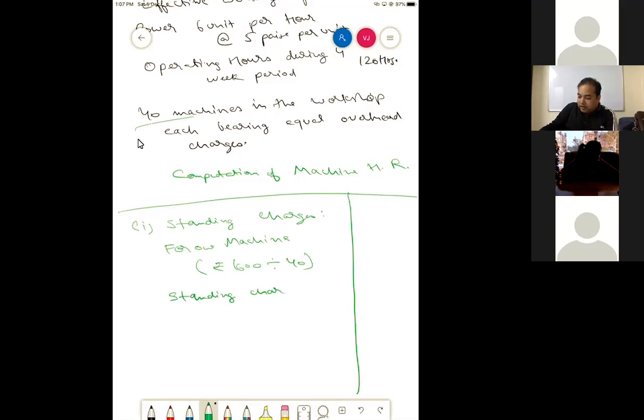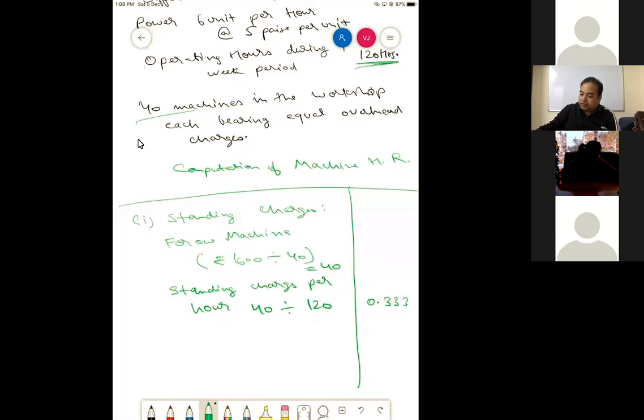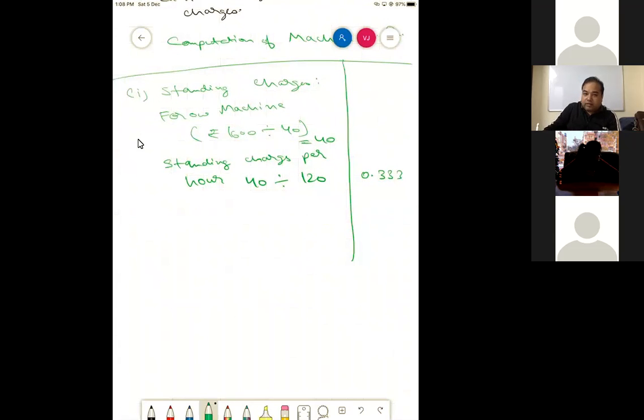Standing charges per hour. So working hour is your 120 given in the question. Operating hours 120. So you take 40 divided by 120 hours. You will get 0.333.